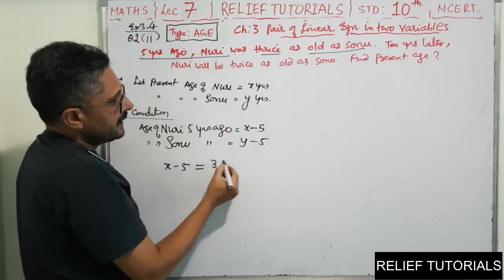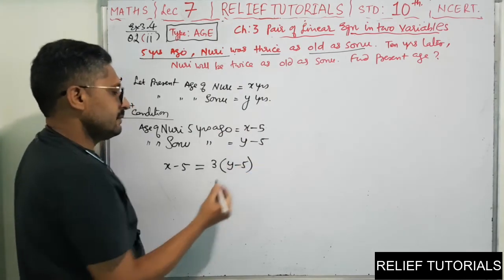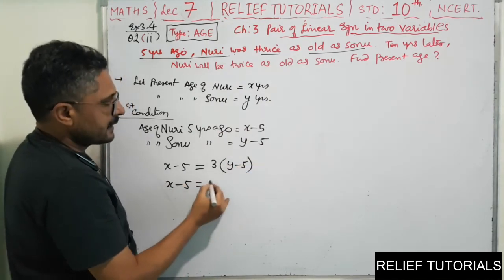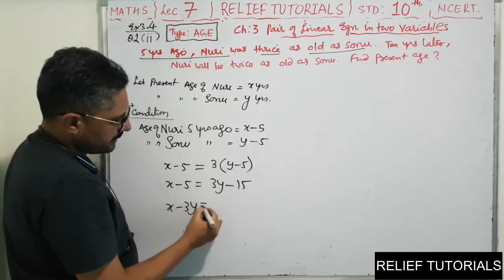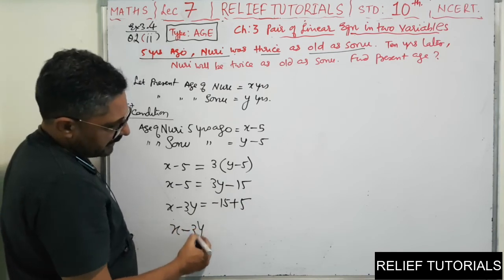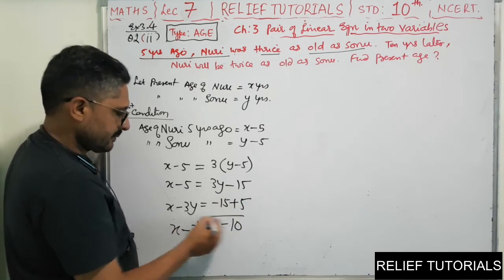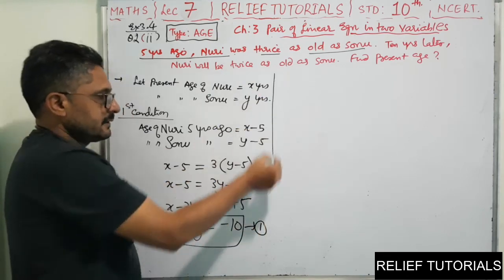Thrice means 3 times the age of Sonu, so y minus 5. Simple. So x minus 5 equals 3y minus 15. So x minus 3y equals minus 15 plus 5. So x minus 3y equals minus 10. So this is our equation 1.